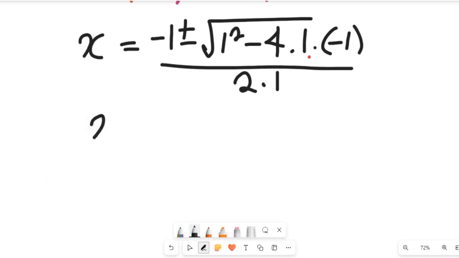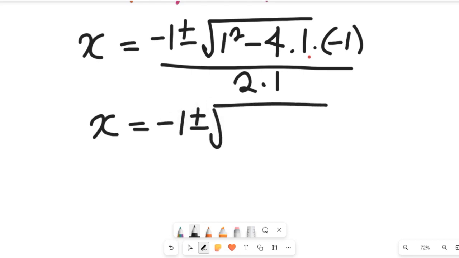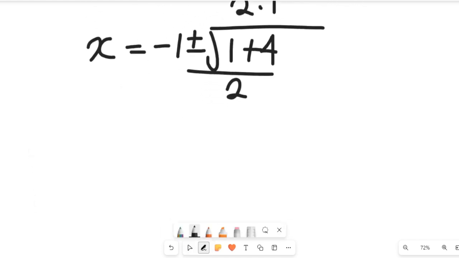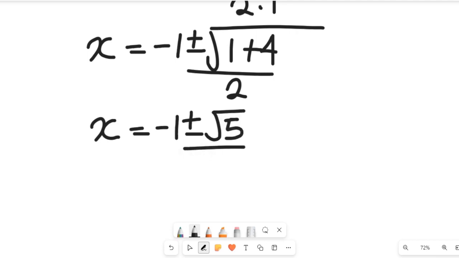To simplify this, we'll have x equal to negative 1 plus or minus the square root of 1 squared, which is 1, minus 4 multiplied by 1, which is minus 4, and minus 4 multiplied by minus 1 gives us plus 4, and this will be divided by 2. So from this expression, we have x equal to negative 1 plus or minus the square root of 5, divided by 2.